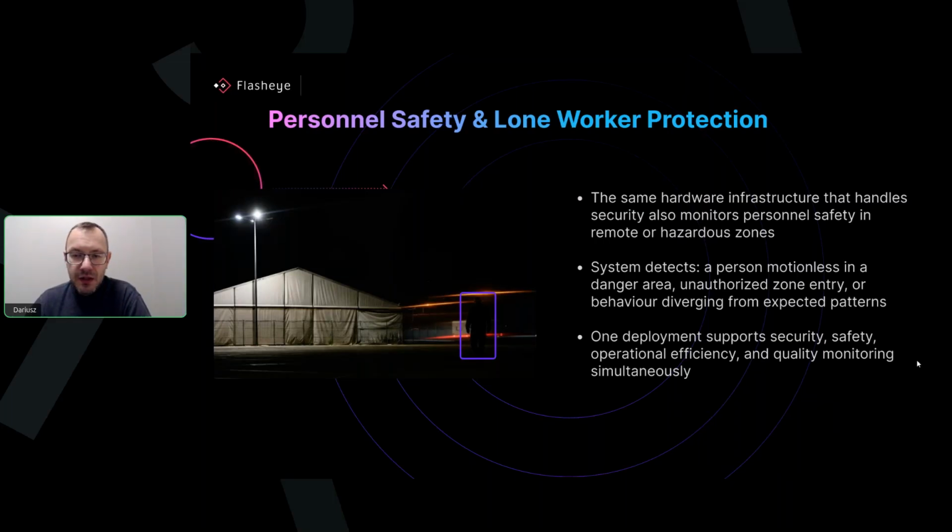So you are basically getting many benefits at the same time: safety, information, and security, and also more insights on whether everything is according to the safety standards. The system can detect a person motionless in a danger zone, unauthorized zone entry, or behavior diverging from expected patterns.